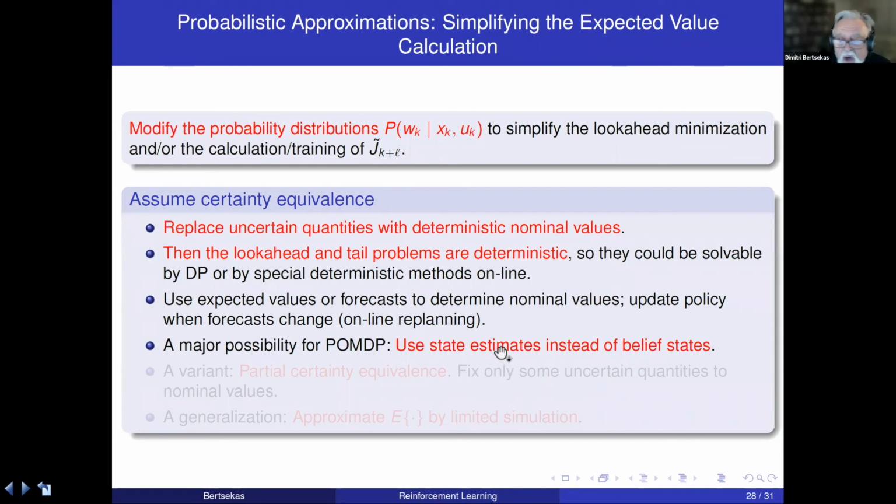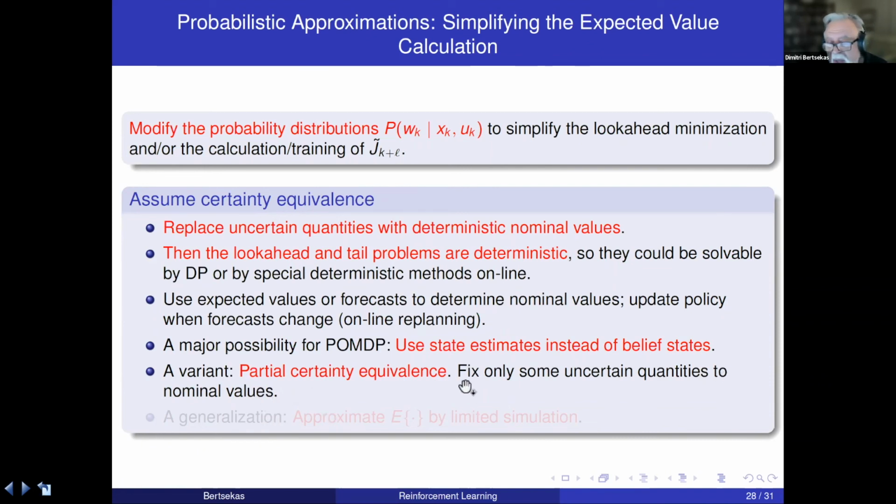So you turn the problem into a perfect state information problem using perfect state information calculations by using deterministic substitutes to the belief states. And there are some variations here involving so-called partial certainty equivalence, where some of the uncertain quantities are fixed at nominal values. They're made deterministic, and some others maintain their stochastic character. And that may simplify the expected value calculations.